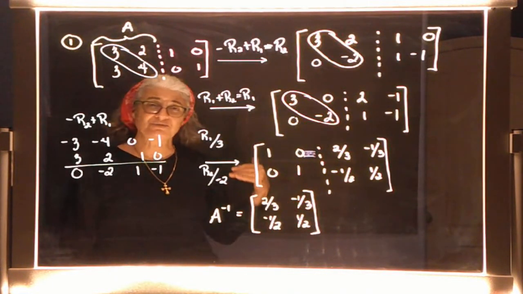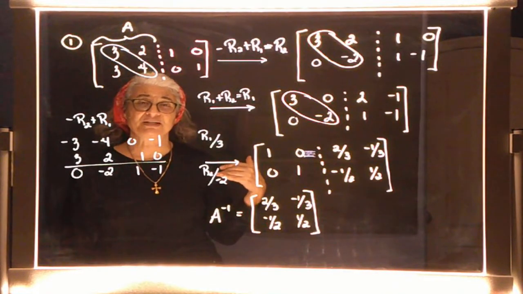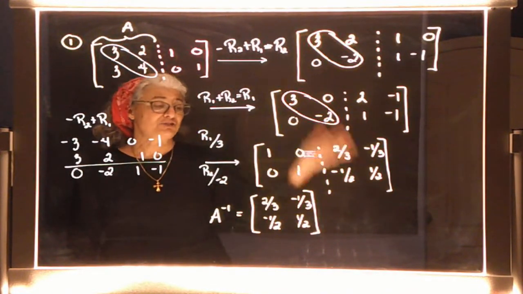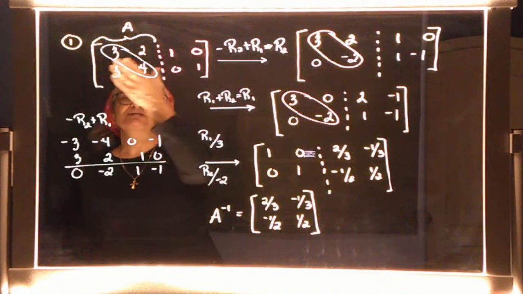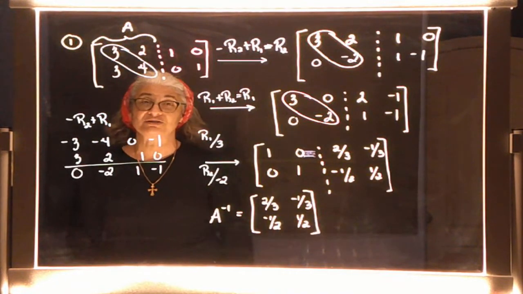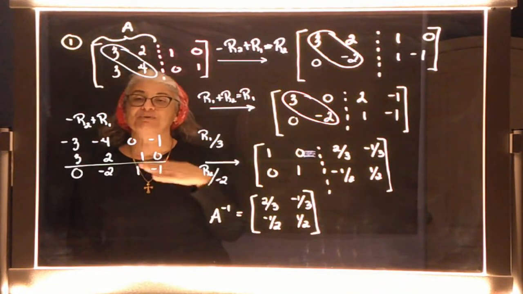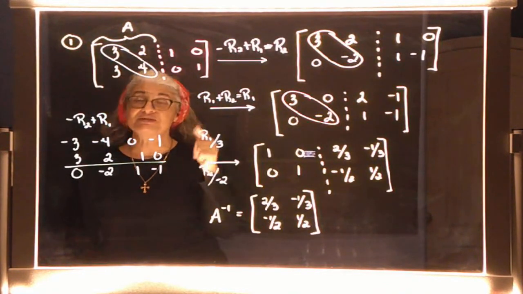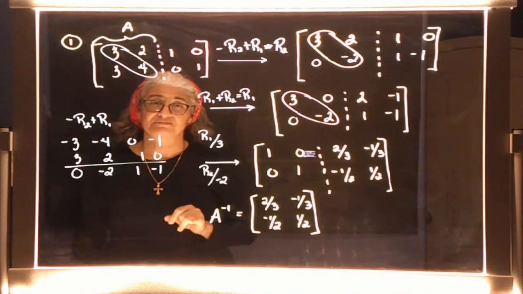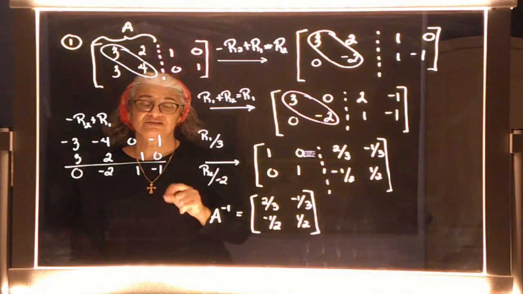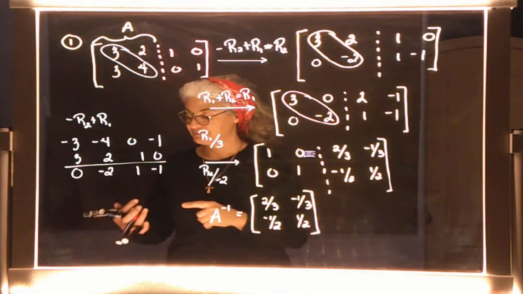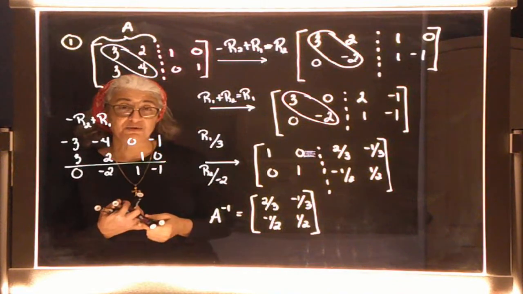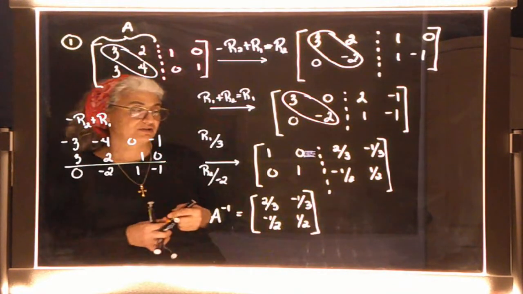I'm going back to what I learned, Gauss-Jordan Elimination, and that's what I'm using to go from the original matrix to the inverse matrix by using the identity matrix. Good? Okay, now, to check my work, because we should always check your work.